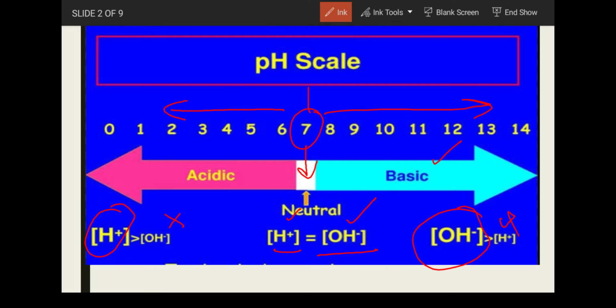If one solution has a pH of 6 and another solution has a pH of 2, which one will be more acidic?